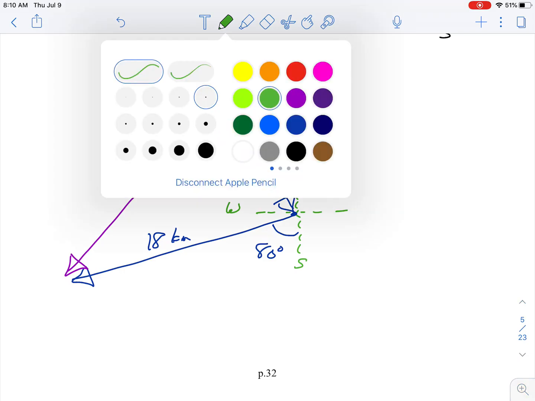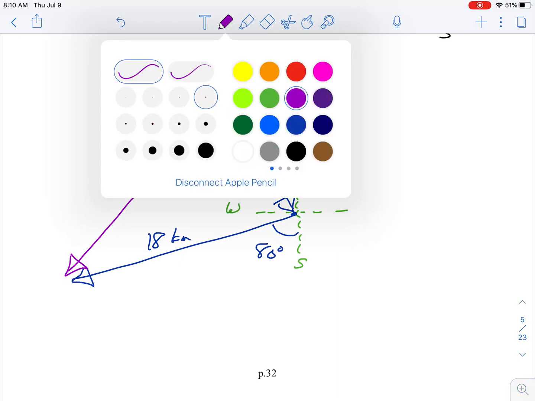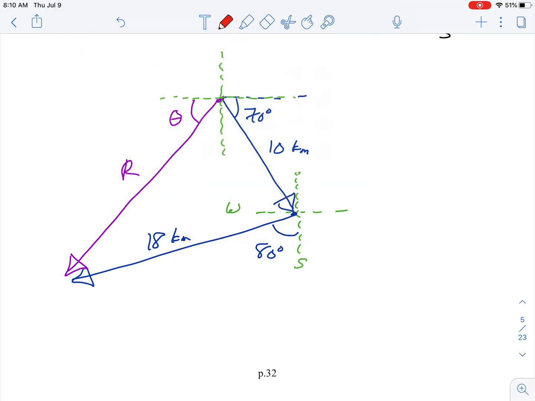So you have a couple of options. You could choose this angle as theta, and that's with respect to the west axis. But there is another option. You could also put the angle here with respect to the south axis. Either of those two locations would be okay for the angle. Good? Okay.